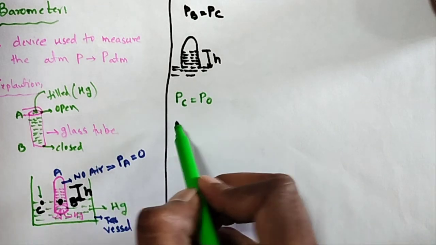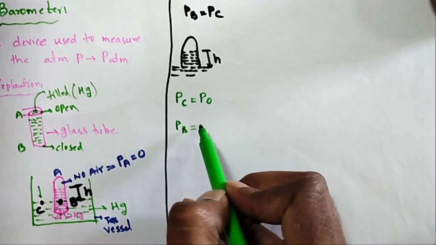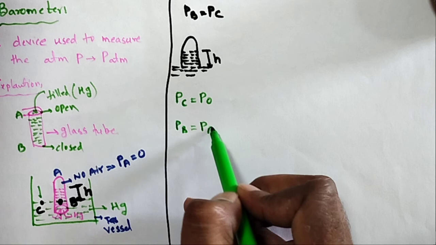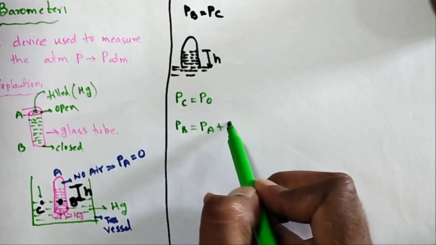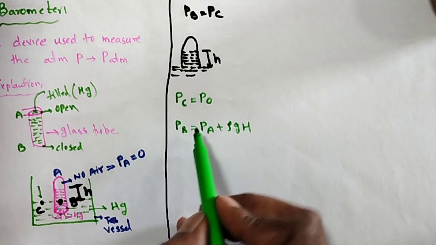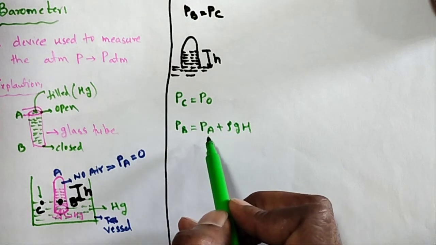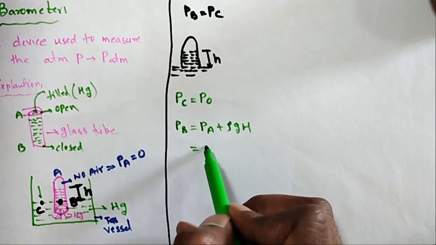What is Pb inside? Pb is equal to Pa plus rho gh. But what is the Pa value? Pa is equal to 0.